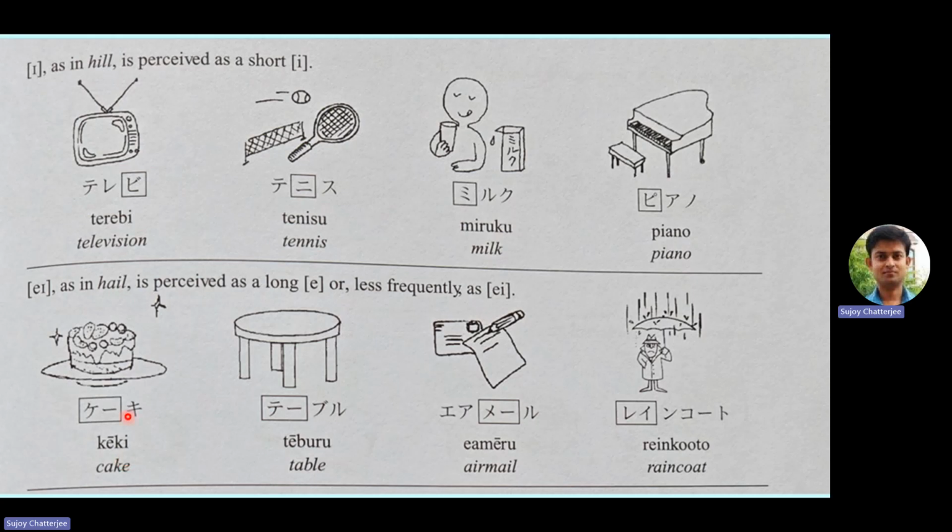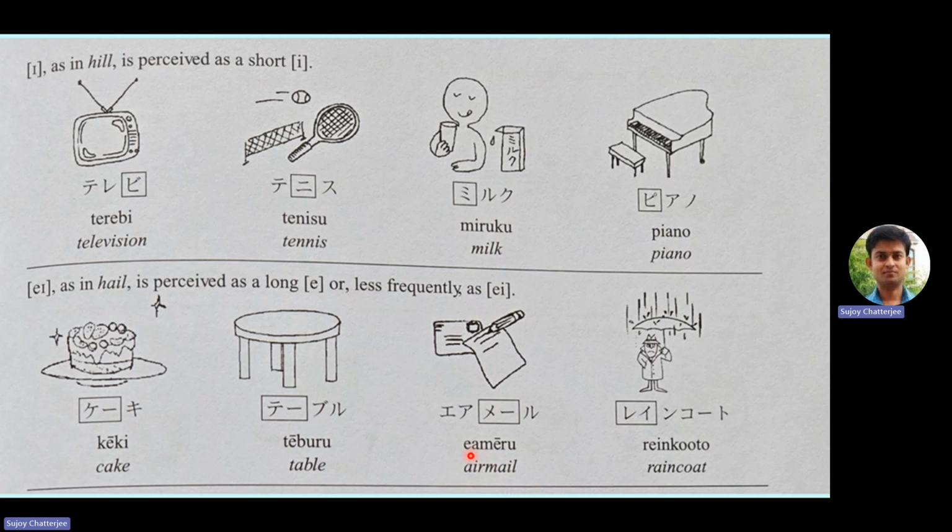We have to write the E-based character of Japanese, followed by a dash, meaning we elongate that syllable. So it's keiki. Similarly, table becomes teiburu. Why the la sound becomes ru, we will see in a later slide. For now, just focus on this. So table, as in hail, cake, table, teiburu.